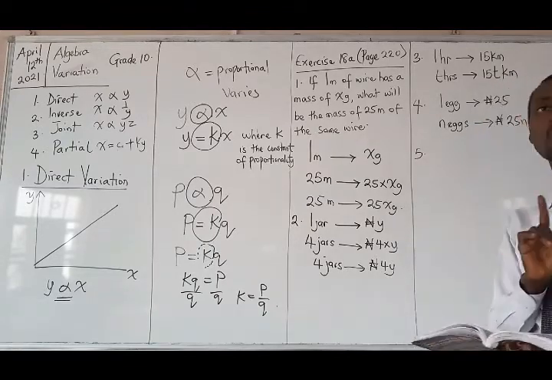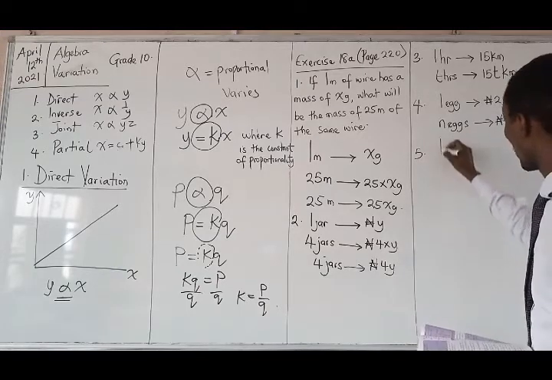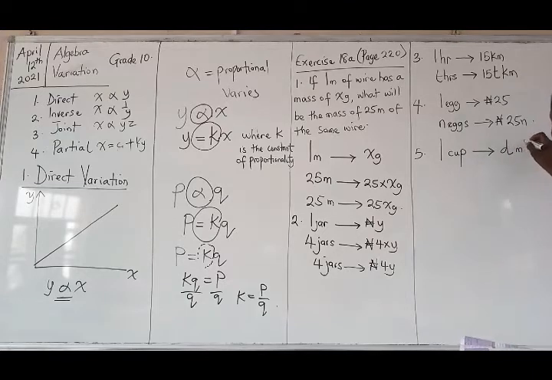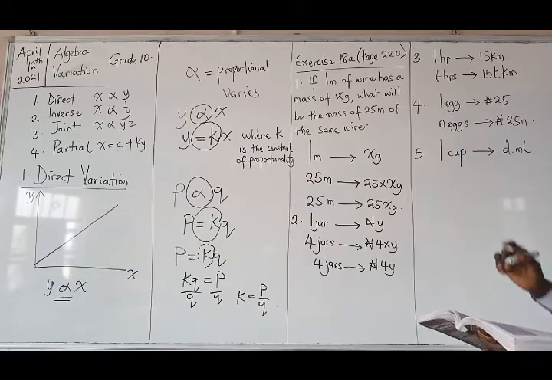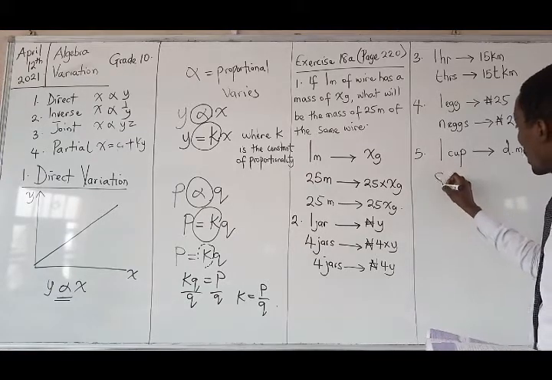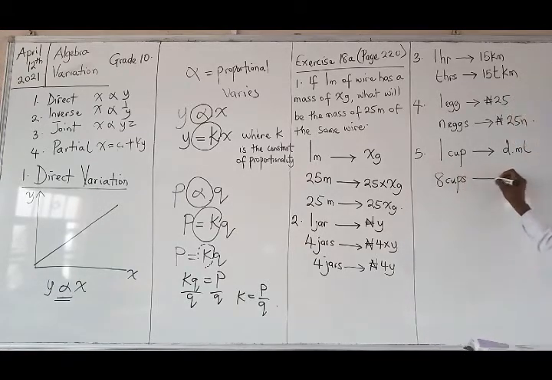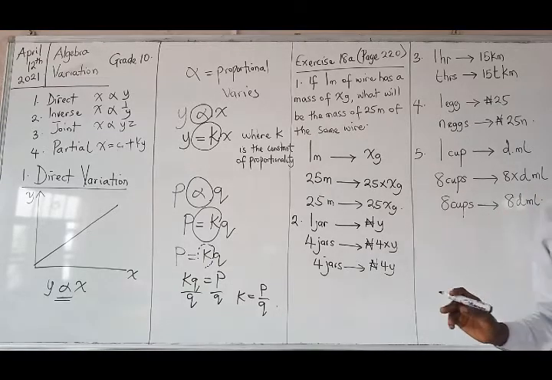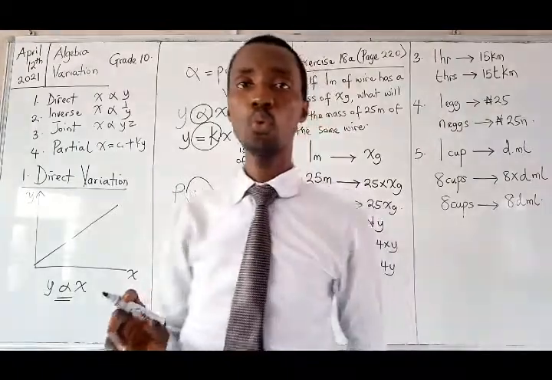If a cup holds d milliliters, so 1 cup will hold d milliliters of water, how much will 8 cups hold? So 8 cups will hold 8 times d milliliters, which means that 8 cups is going to hold 8d milliliters of water. And that's just as simple as that problem would be.